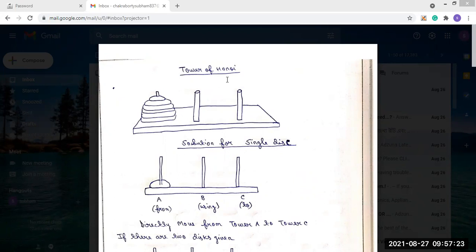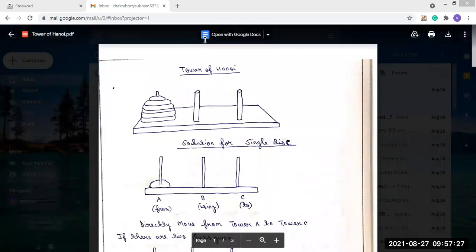This is the problem you see. In this problem, there are three towers given. You see, this is a tower, this is also a tower, and this is also a tower.